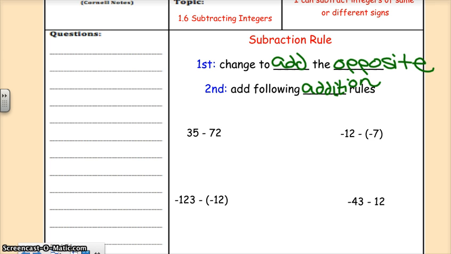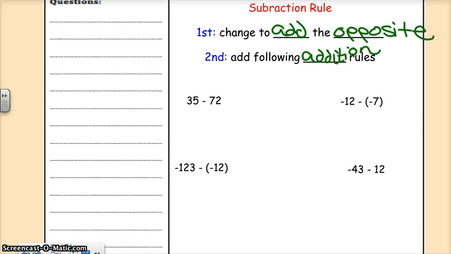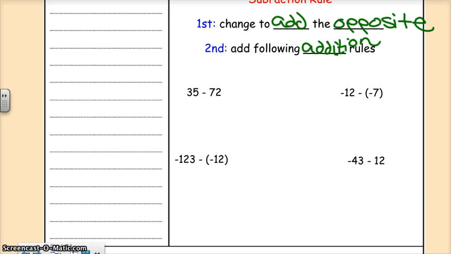For example, 35 minus 72. We turn that into 35 plus a negative 72. You change the subtracting into adding. The opposite of 72 is negative 72.